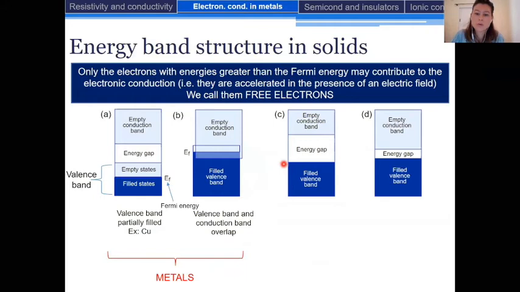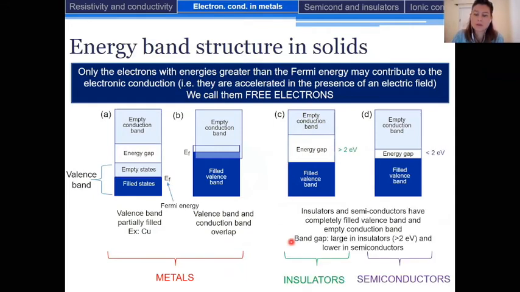Then in other materials that are not metals, we have a filled valence band, so in these two cases, and an empty conduction band. And this case C corresponds to insulators, whereas case D corresponds to semiconductors.